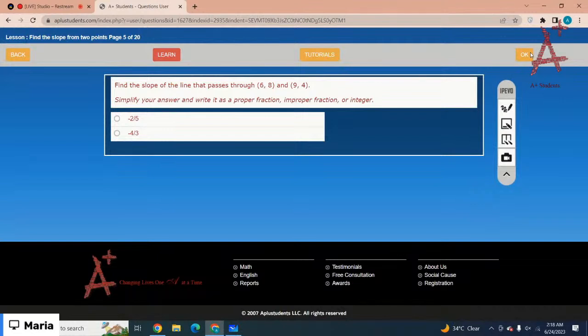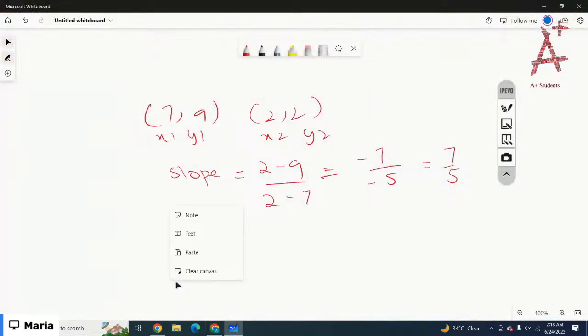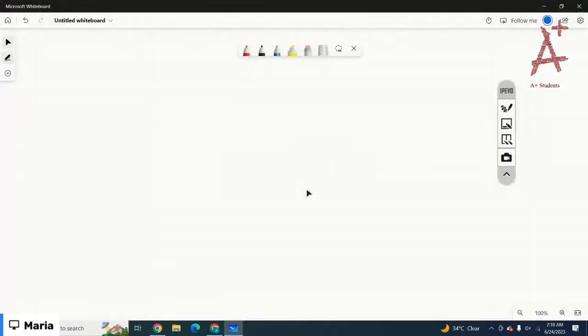Okay, the next one is find the slope of the line that passes through (6, 8) and (9, 4). So the points are 6 and 8, 9 and 4.